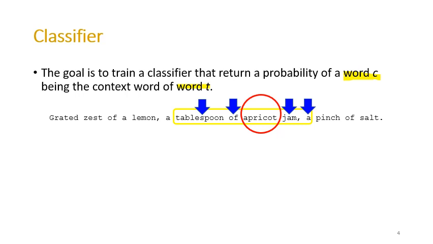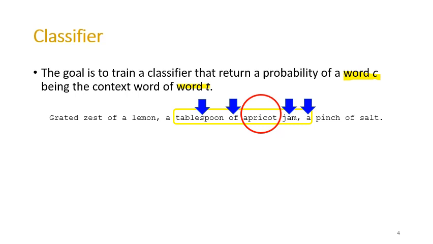And then all the words with the blue arrow are the context words, word C. We want to train the classifier such that it gives a high probability of the actual context word of a word T. So here, tablespoon is actually the context word of apricot, so the model should also give a high probability for that.